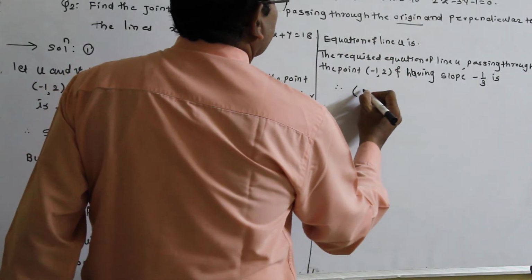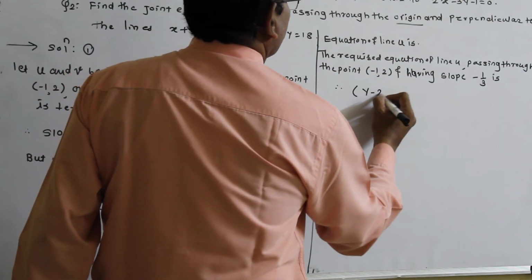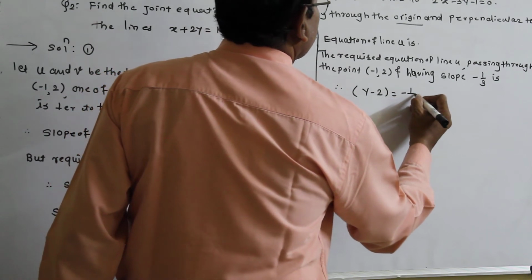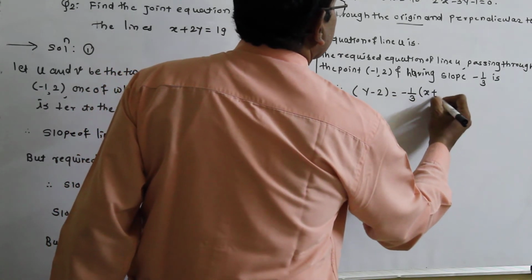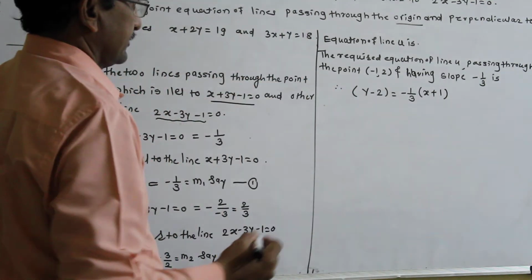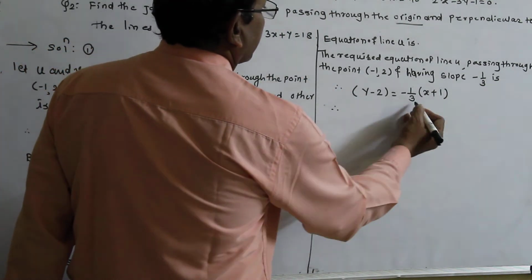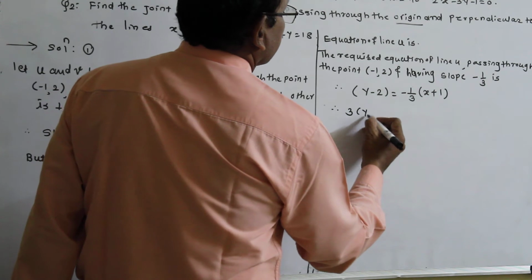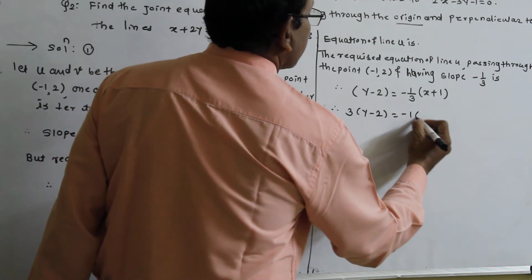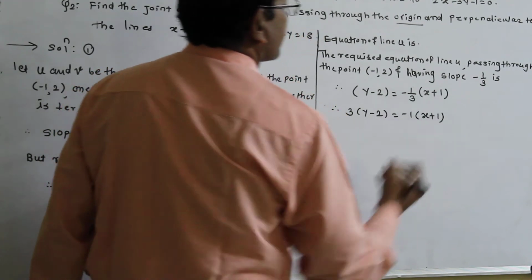What is the equation by point slope form? It is y minus 2 is equal to minus 1 by 3 times (x plus 1). Then by cross multiplication it is 3 times (y minus 2) is minus 1 into (x plus 1).